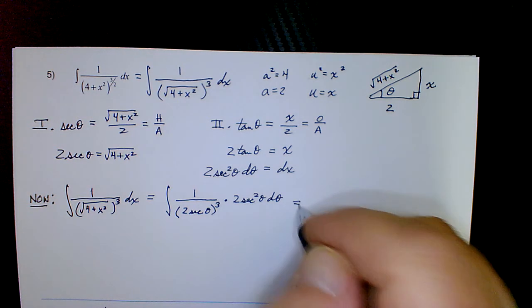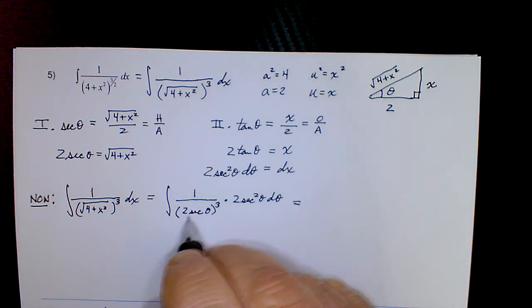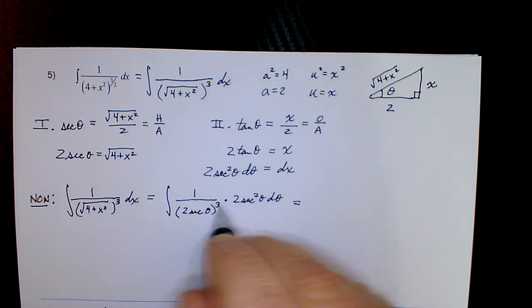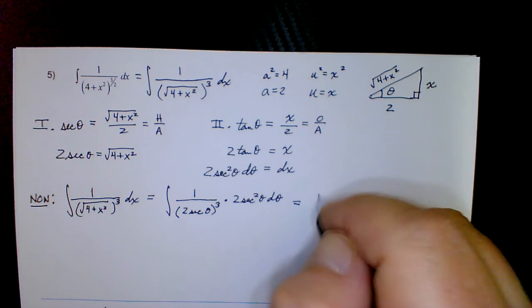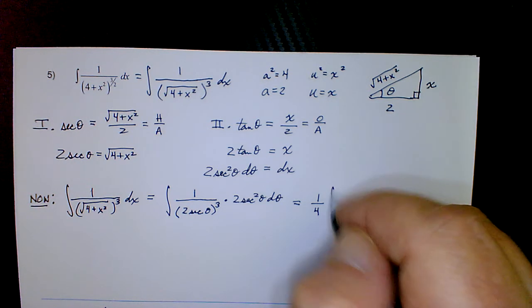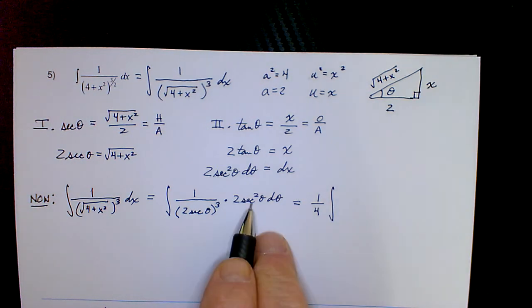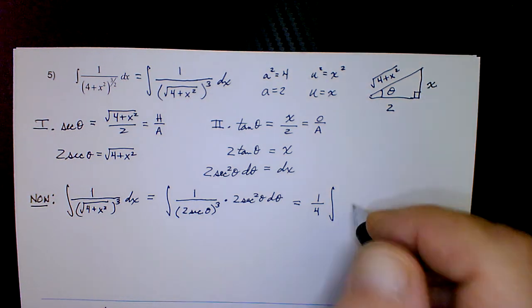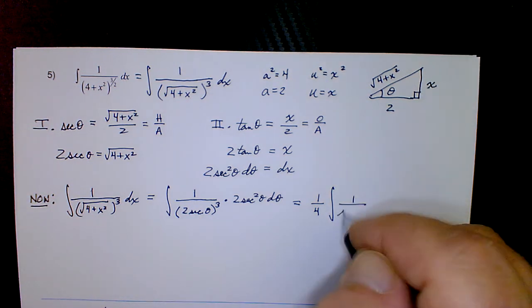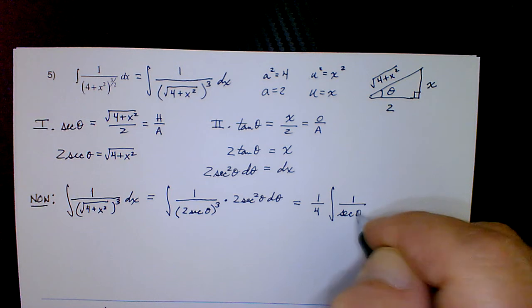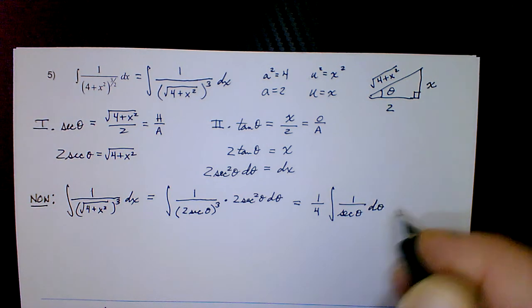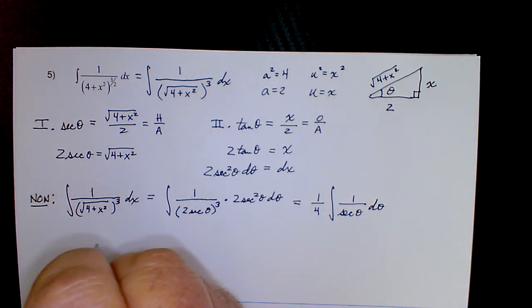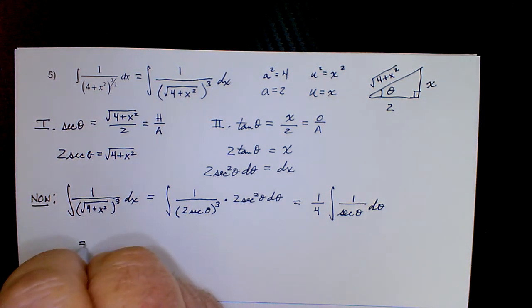Simplifying that, this is 2 cubed, so that's 8, but 2 over 8 is 1/4. And then in the integral, there are 2 factors of secant in the numerator and 3 factors of secant in the denominator. So canceling 2, we get 1 over secant.